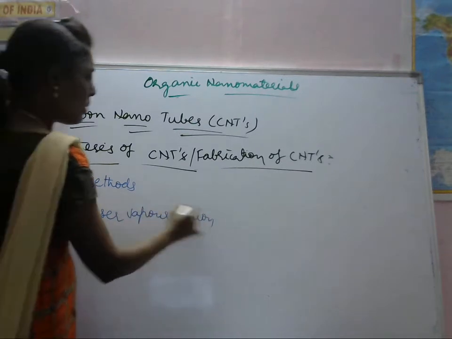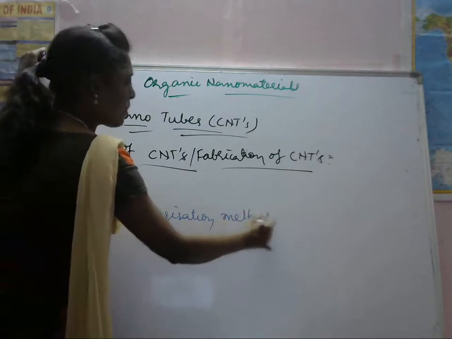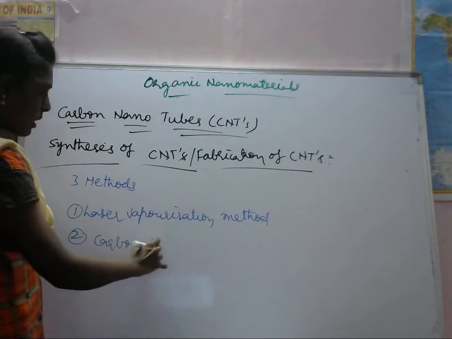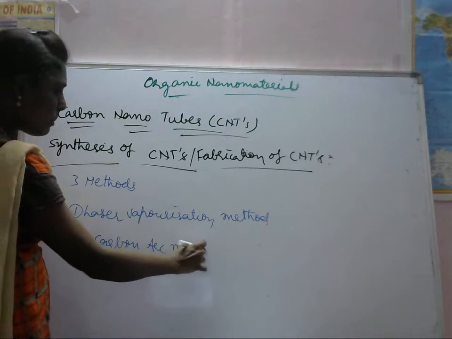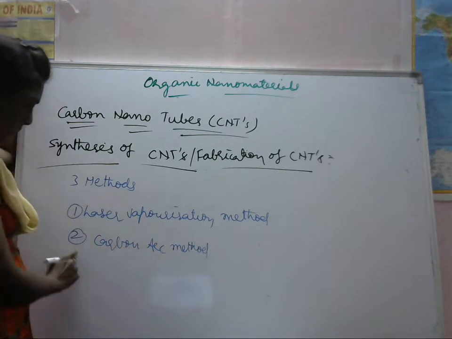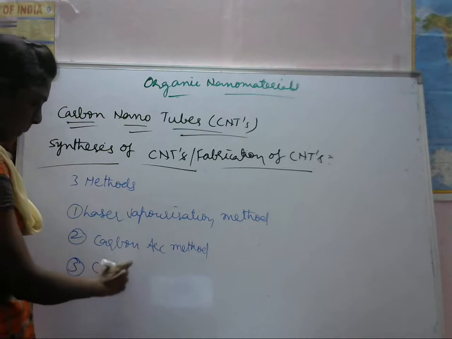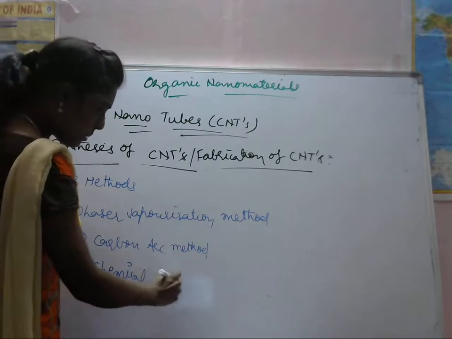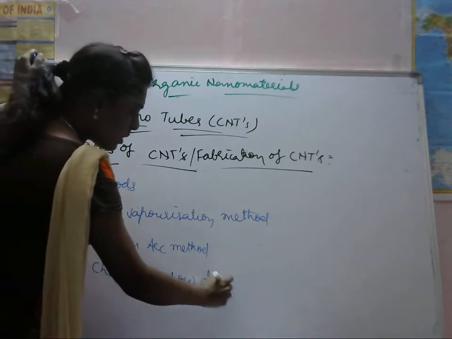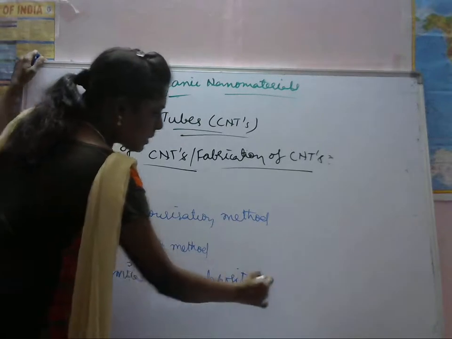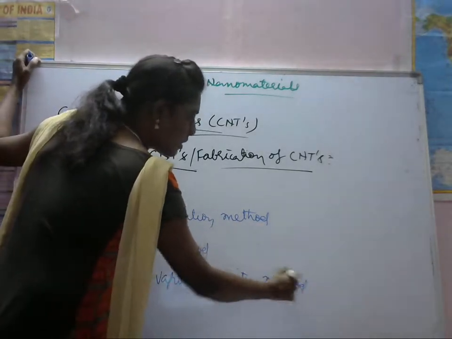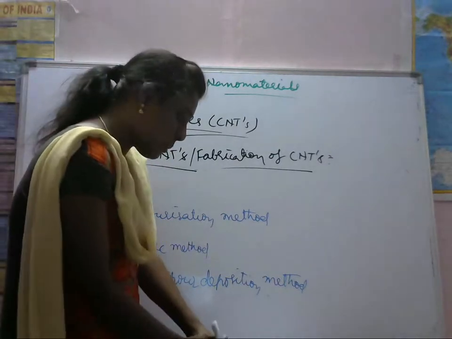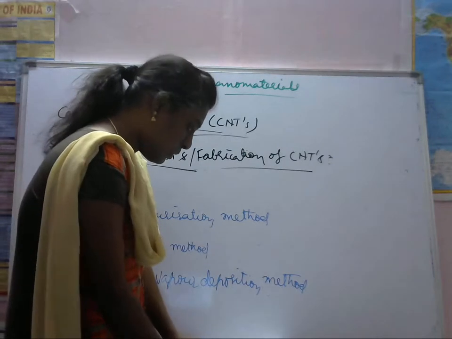Second one is carbon arc method. Third one is chemical vapor deposition method. Okay. So these are the methods which produce carbon nanotubes.